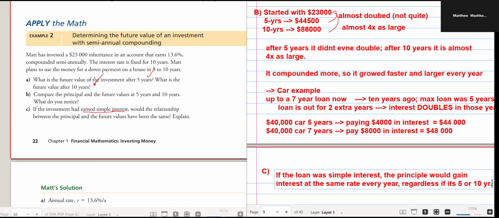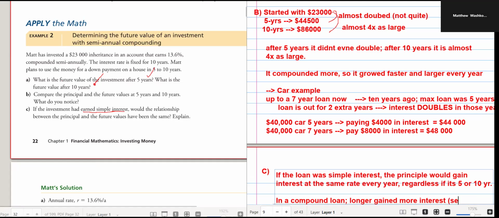Whereas, as we can see in a compound loan, longer gained more interest. Sometimes that works for you if you're investing money. If you are borrowing money, that sucks for you, as you can see in the car example.